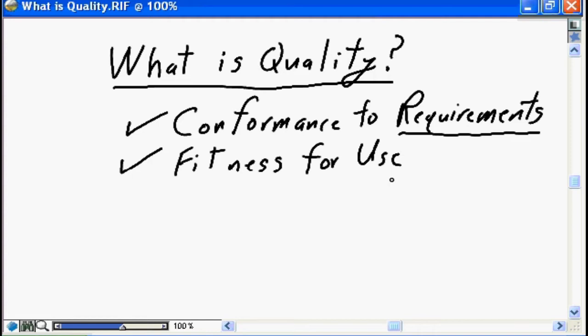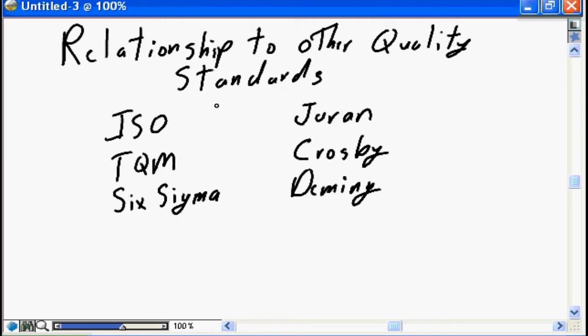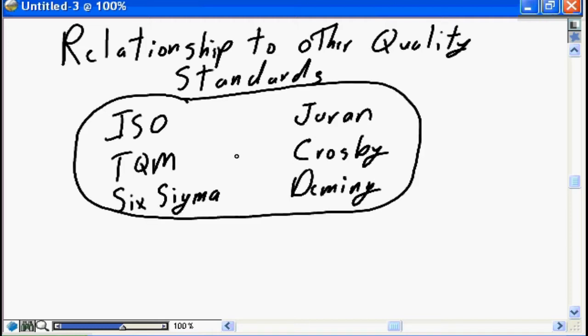As just mentioned, the PMBOK guide has its own definition of quality: conformance to requirements, fitness for use. That's not to suggest it differs from, or is unique from, any of a number of different quality standards, and I've listed a few here, whether they are specific standards or specific well-known experts in the quality field. There are certainly a wide variety of quality standards and quality benchmarks available in the industry. The PMBOK guide strives to be consistent with all of these processes and quality statements, with its simple statement of conformance to requirements and fitness for use.